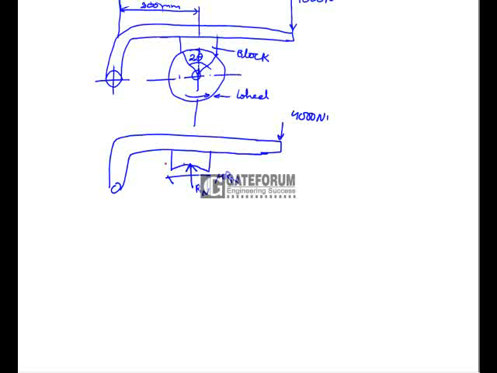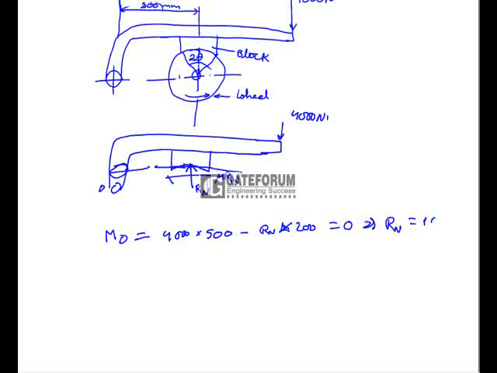And here the fulcrum axis coincides with the frictional force axis, so by taking moments about this fulcrum, we get 4000 into 500 minus Rn into 200 is equal to 0. From this you can get Rn as 10,000 newtons.